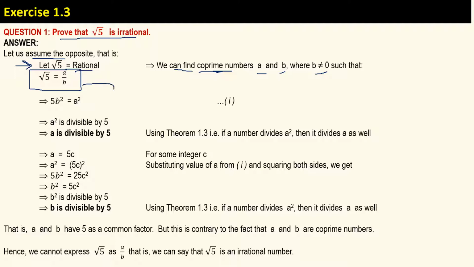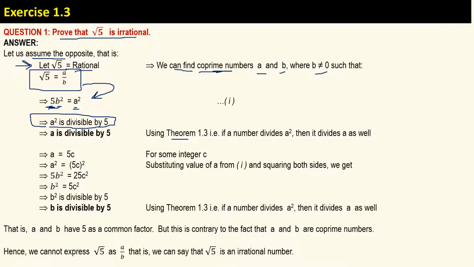If we rearrange this equation, we get 5b² is equal to a², which implies that a² is divisible by 5, because we have 5 here and then some other integer value is equal to a². So we can say that a² is divisible by 5.